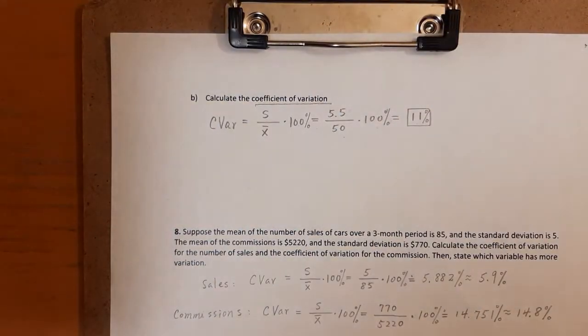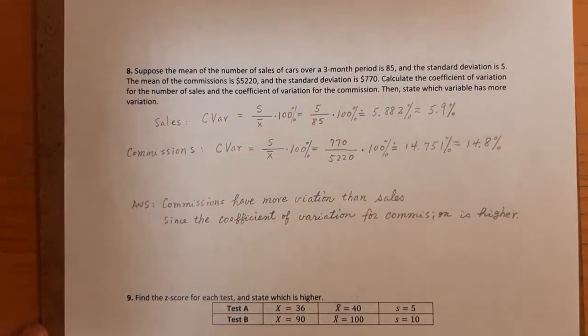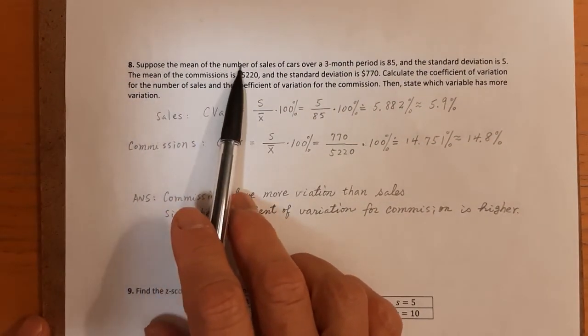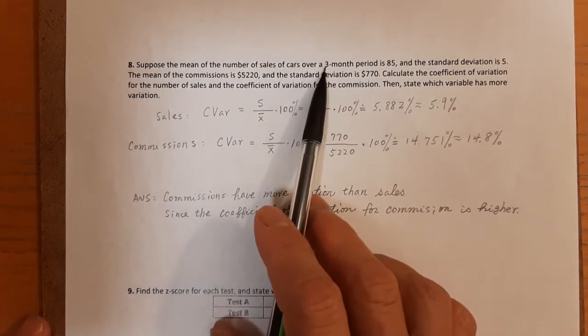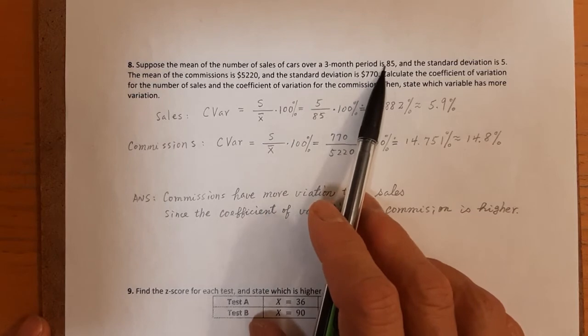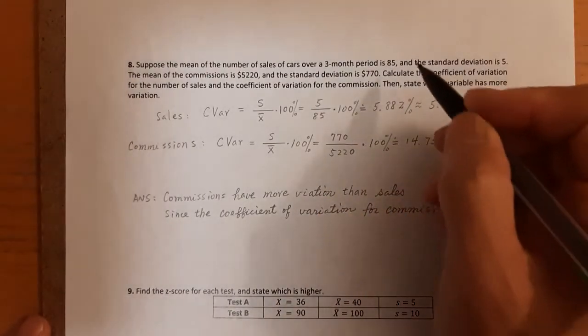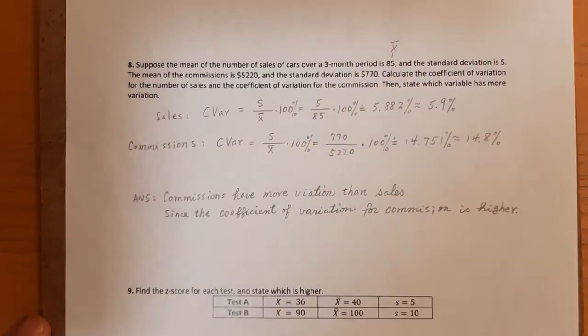And the next one, question 8. Suppose the mean of the number of sales of cars over a 3-month period is 85. So this is what we call x bar, 85.